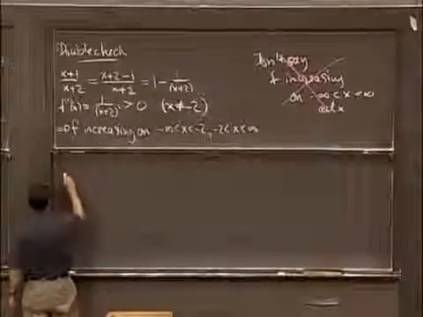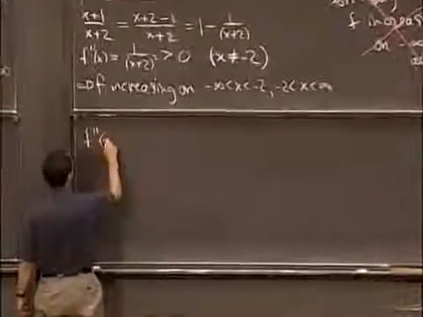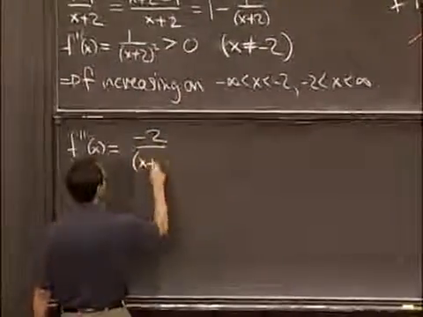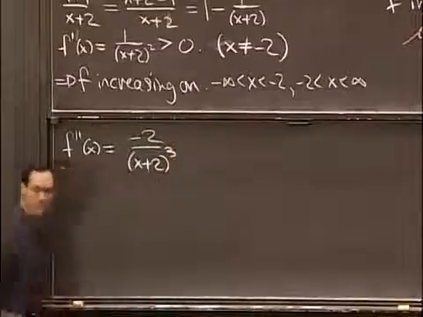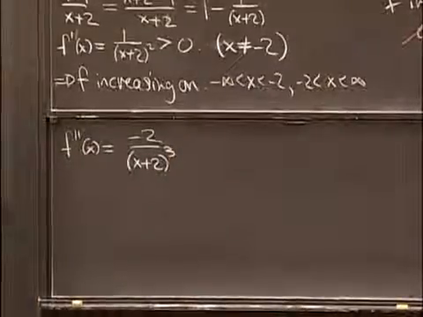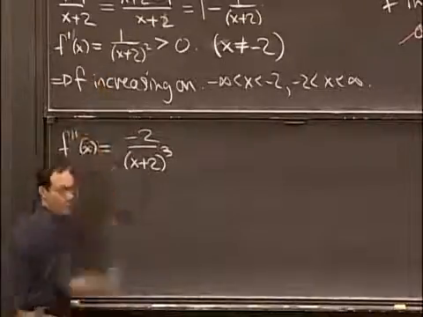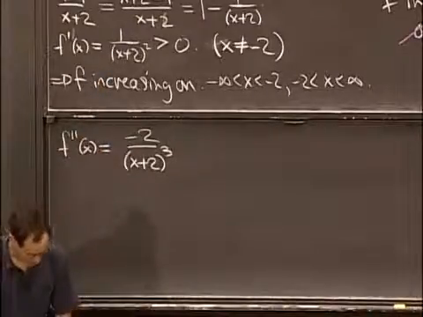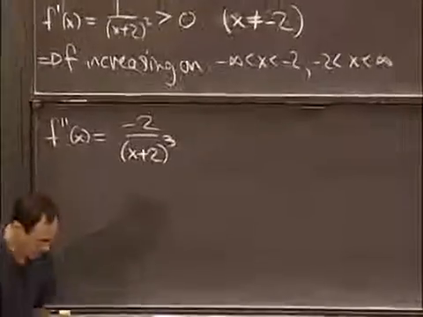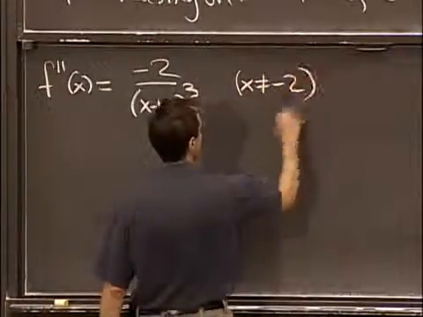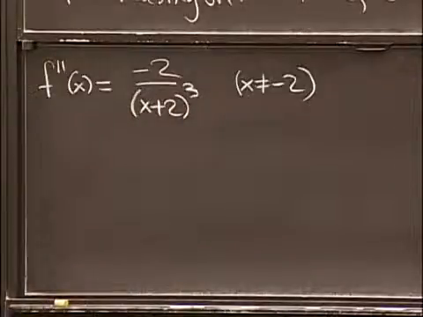And now there's just a little bit of decoration as well, which is the role of the second derivative. So we've written down the first derivative here. The second derivative is now negative 2 over x plus 2 cubed. I get that from differentiating this formula up here for the first derivative. And of course, that also only works for x not equal to negative 2.